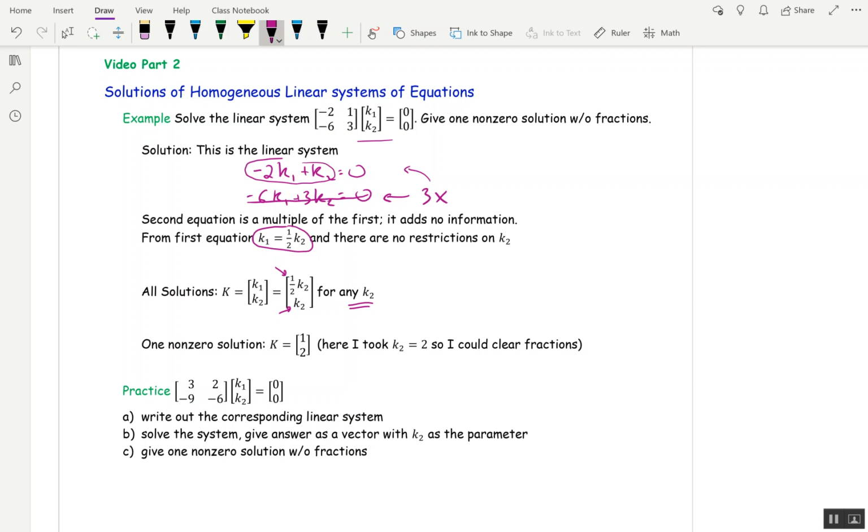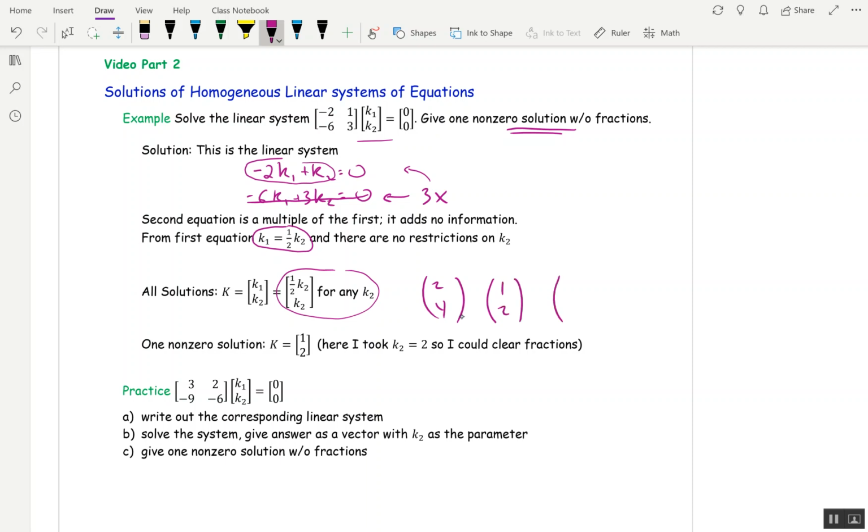Okay, so let's pick the smallest k2 that will clear out fractions, because we just want one non-zero solution without fractions. We don't want infinitely many. There are infinitely many solutions I've described, because you could take k2 to be 4, in which case you get 4, 2. You could take k2 to be 2, in which case you get 1, 2.